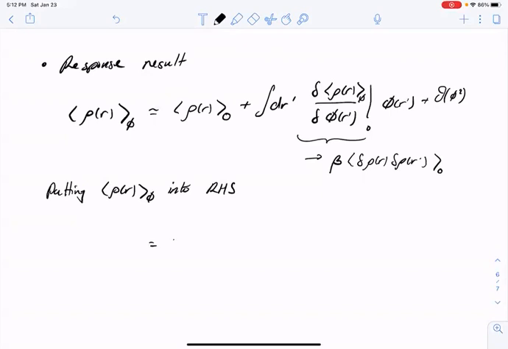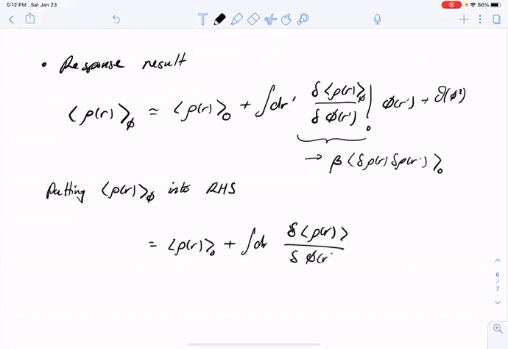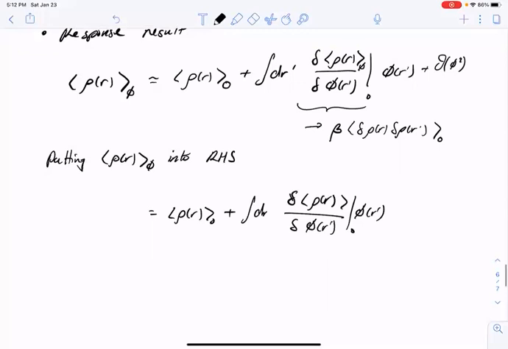So we would get the first term, that term from the first term on the right-hand side of this equation.